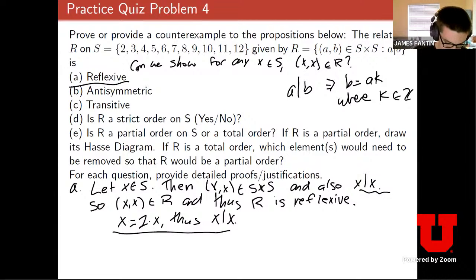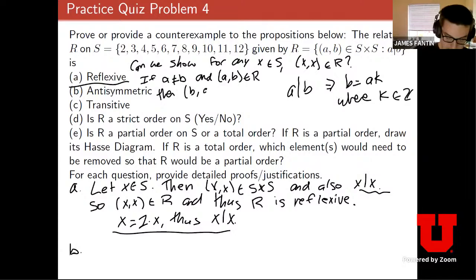So yeah, it's reflexive. Now let's think about antisymmetric. For antisymmetric, remember, there are a couple of ways to think about it. But one way is if we have some, let's say, A not equal to B, and (A, B) is in the relation, then (B, A) can't be in the relation.